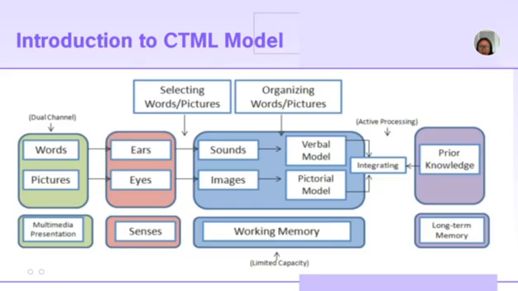Learners must participate by selecting, organizing, and integrating the information into their existing knowledge framework. Together, these assumptions form the core foundation of the CTML, guiding us toward more effective multimedia learning designs.